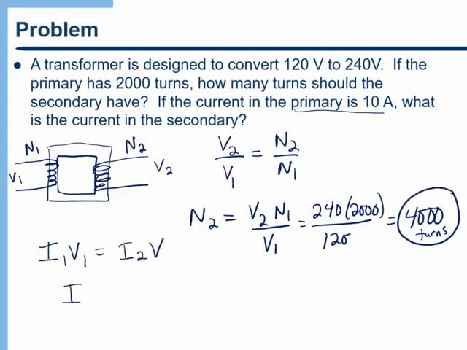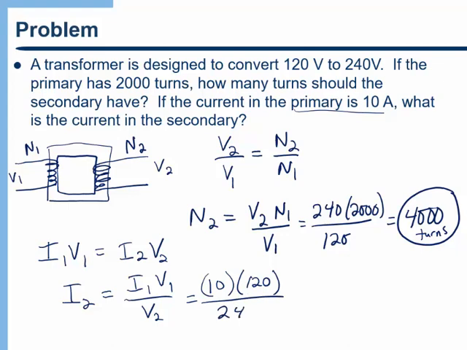So the current in the secondary is just I1 V1 divided by V2, or 10 amps times 120 volts, divided by 240 volts, or 5 amps. The voltage doubled, so the current had to be cut in half.